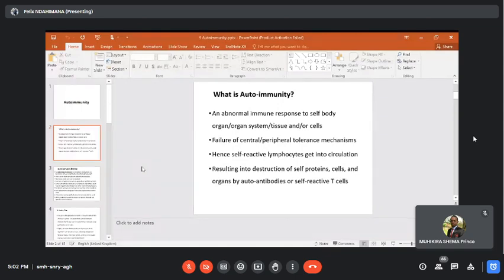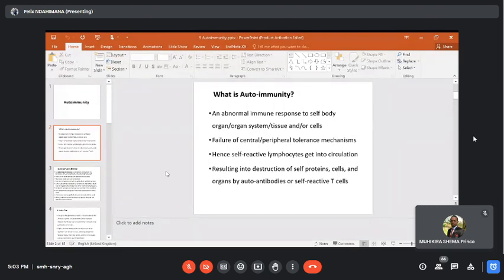So that means there is a failure of tolerance mechanism. In our body, we have an immune reaction. We have a way of responding to any antigen, but there also should be some tolerance. Tolerance means we shouldn't attack our own cells. So if there is a failure of that mechanism, we can find ourselves attacking our own cells, like our immune cells and antibodies can start attacking our own cells.